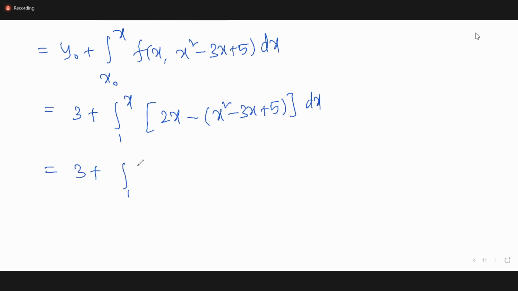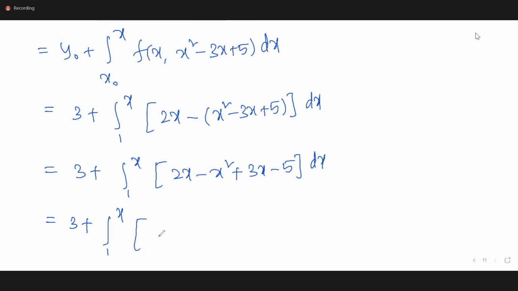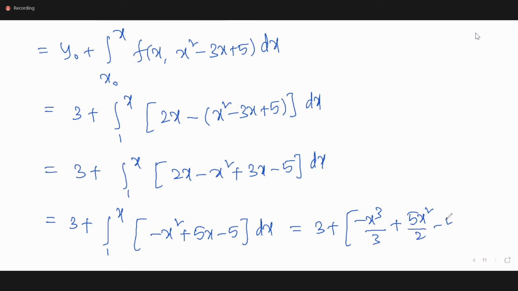3 plus the integral from 1 to x of 2x minus x square plus 3x minus 5. So 3 plus the integral from 1 to x of minus x square plus 5x minus 5. Integrating: 3 plus minus x cube by 3 plus 5x square by 2 minus 5x, from 1 to x.